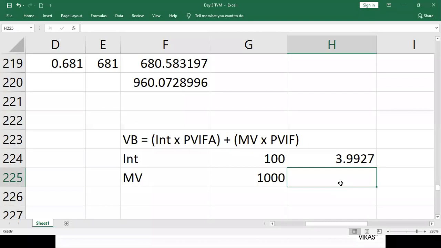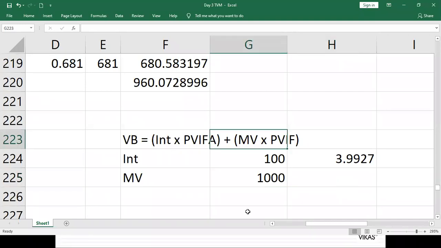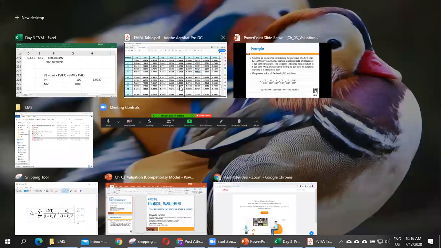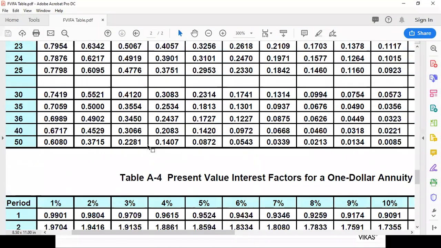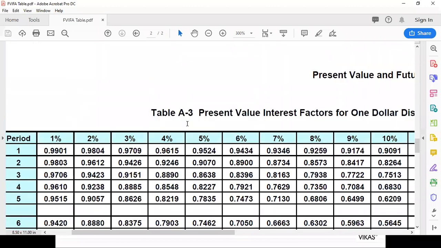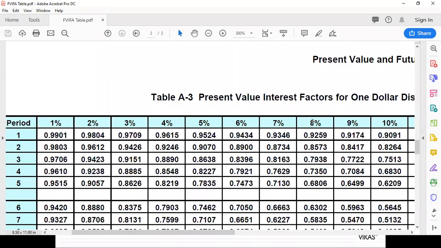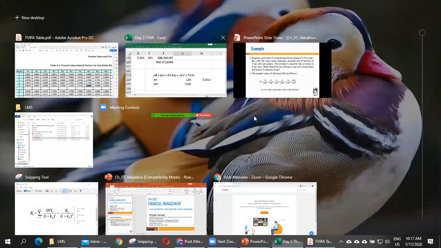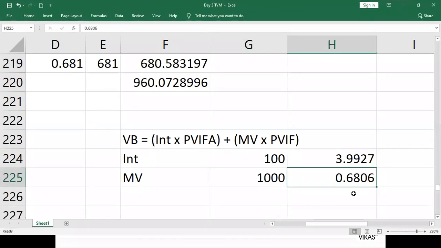And maturity value 1000 into PVIF. Then we have to move to this table, present value interest factor, 8% after 5 years. Then the value is this.